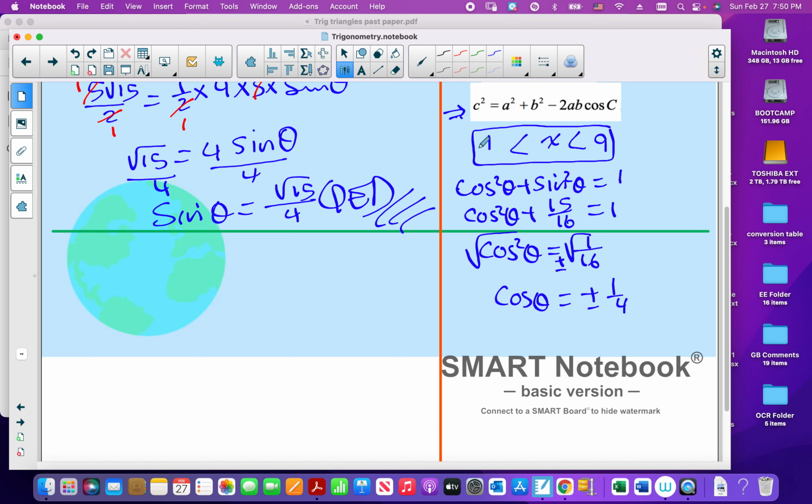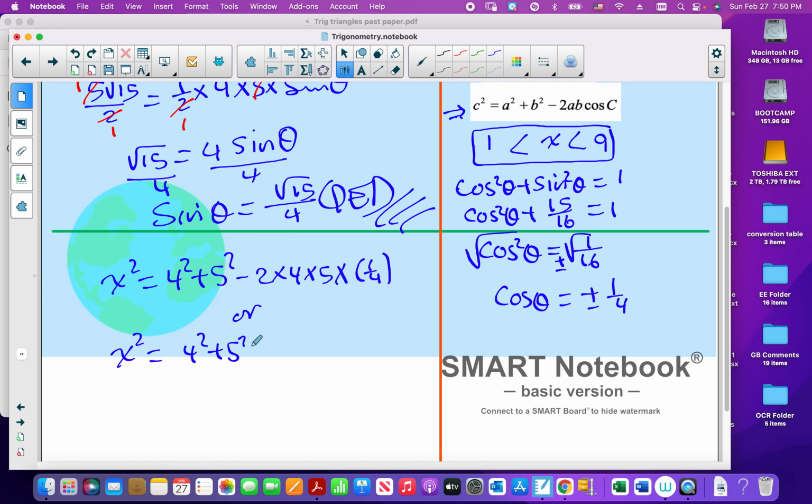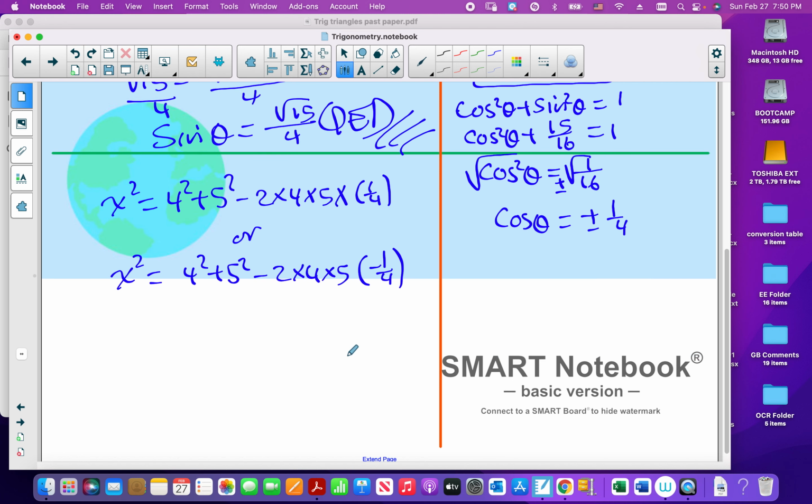So now I go to the cosine law. X squared is equal to 4 squared plus 5 squared minus 2 times 4 times 5 times cosine theta, which is 1/4, or I'm going to use the other value, 4 squared plus 5 squared minus 2 times 4 times 5 times minus 1/4, and find the value of x for each one.